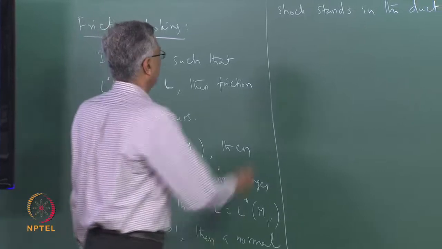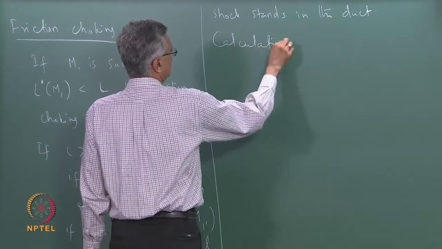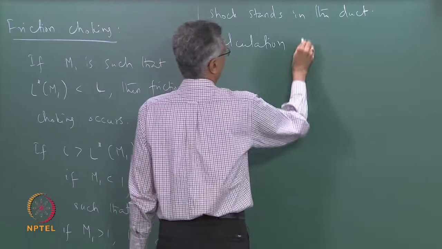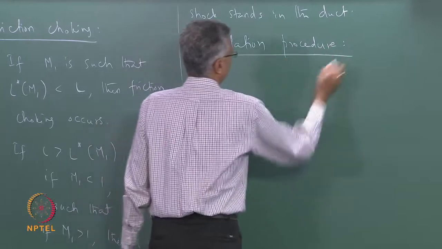So, now we take a look at the calculation procedure. How do we do practical calculations using the theory that we have developed so far? The calculation procedure here is the same as what we did for Fanno flow.